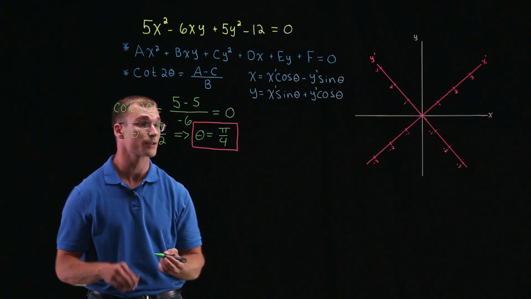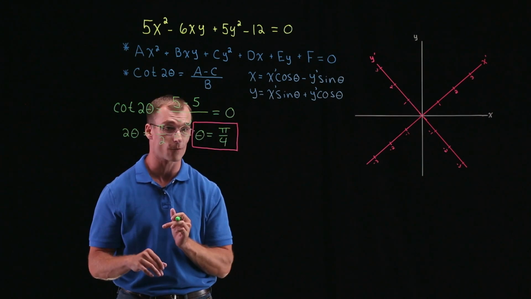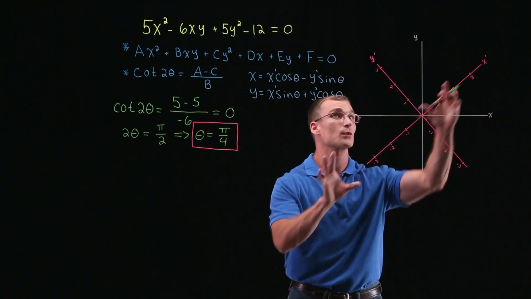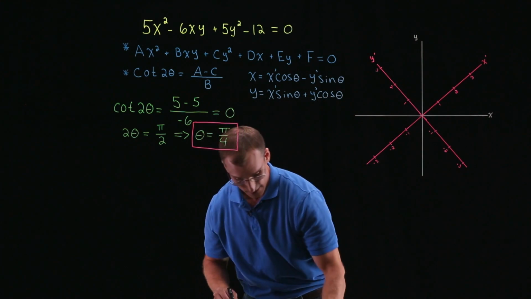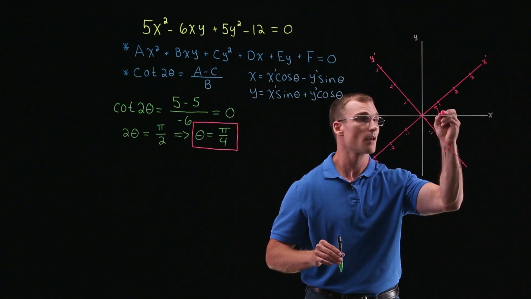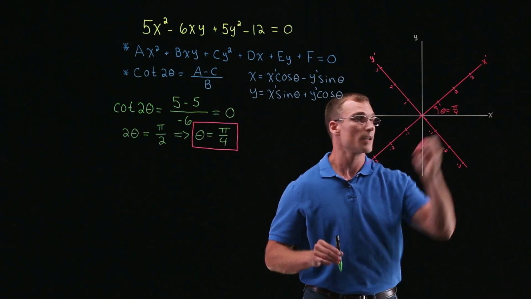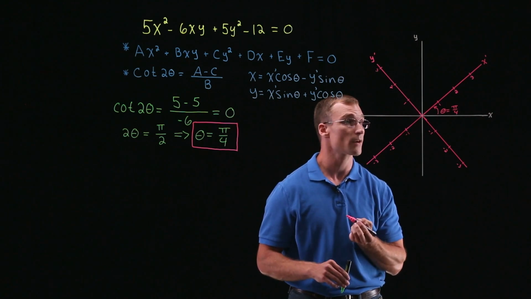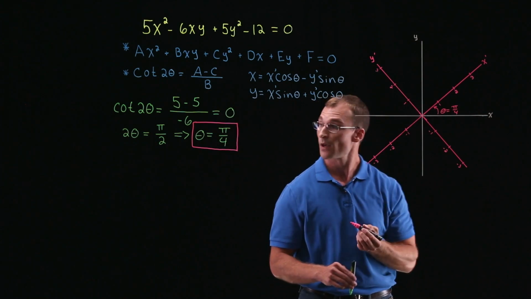So this implies that the xy plane is going to be rotated by an angle of pi over 4. Looking at our graph over here, we've already sketched the x prime, y prime plane rotated by theta equal to pi over 4. Once we get our equation in x prime, y prime, this is where we're going to sketch the equation.